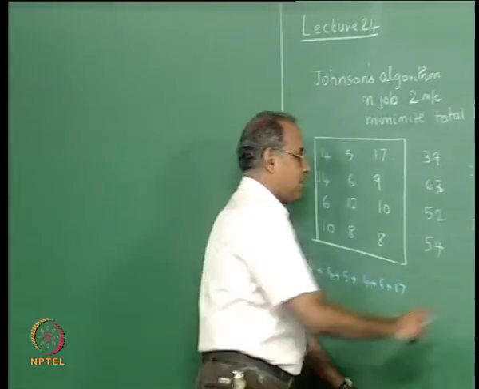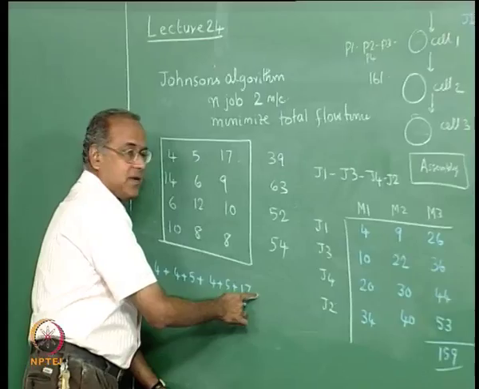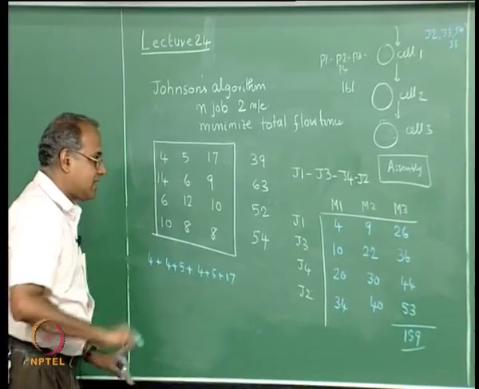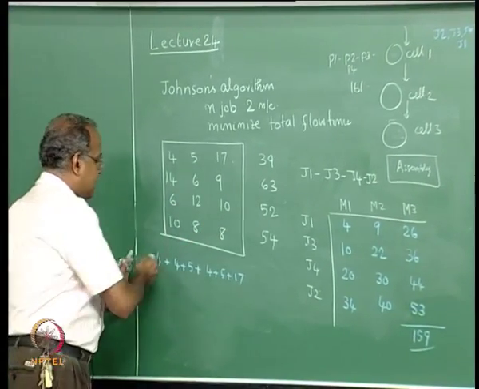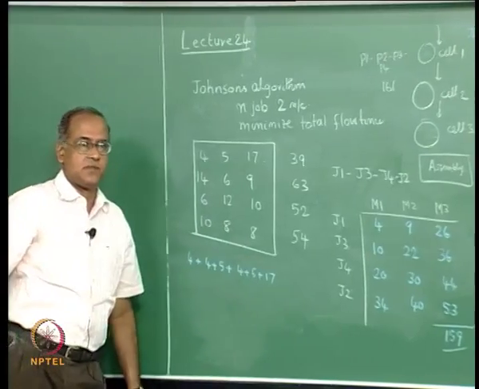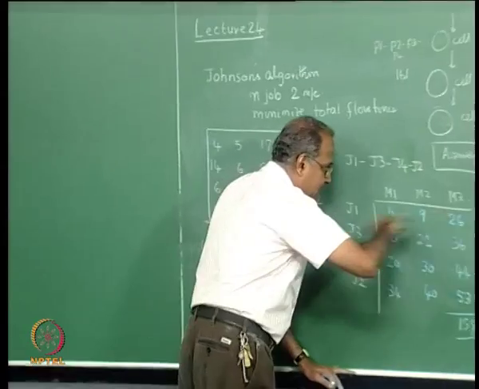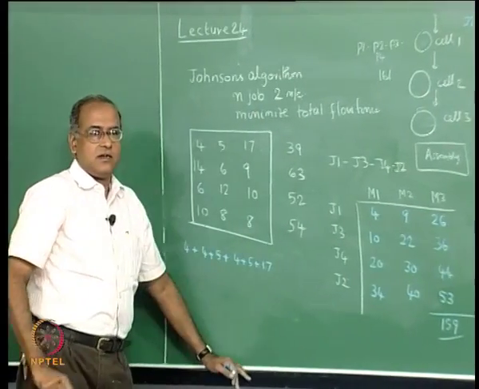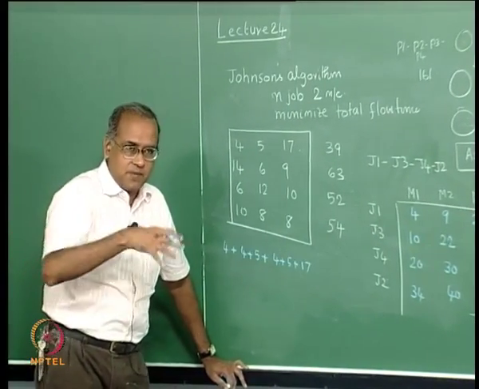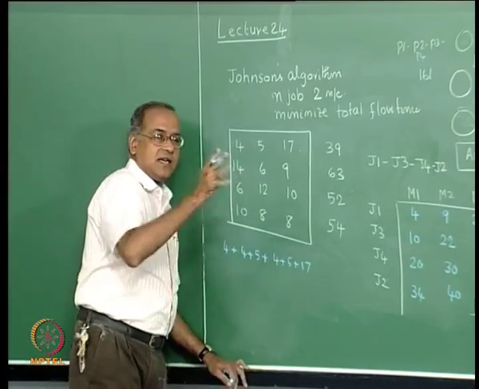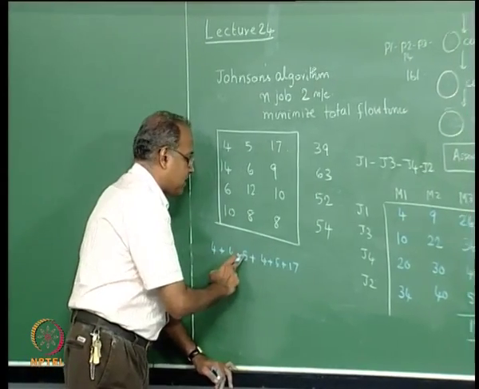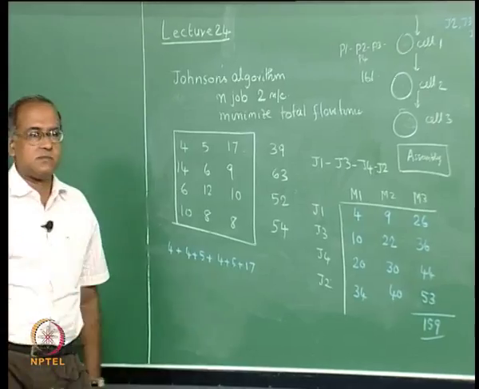So, the last number is essentially 4 plus 5 plus 17, but the fact is it has been arrived at through this kind of a sequence. So, when we do this expansion and add all these terms, which is in some sense time spent heuristically, then 4 comes 3 times, 5 comes 2 times, 17 comes 1 time.